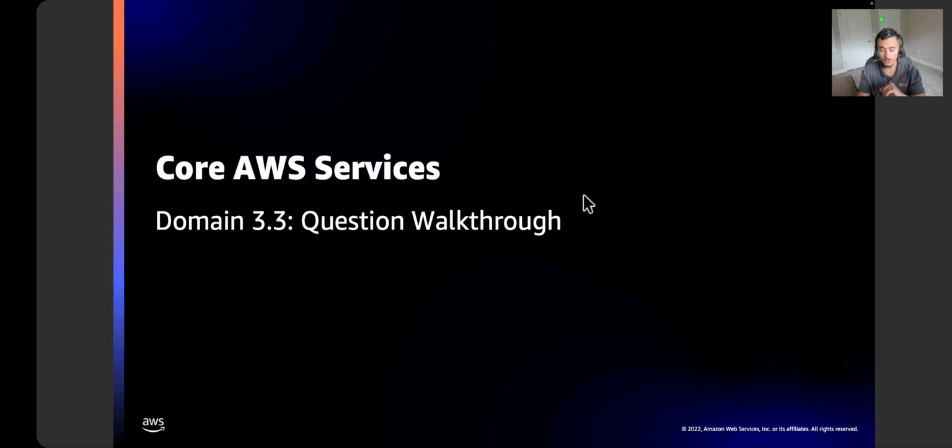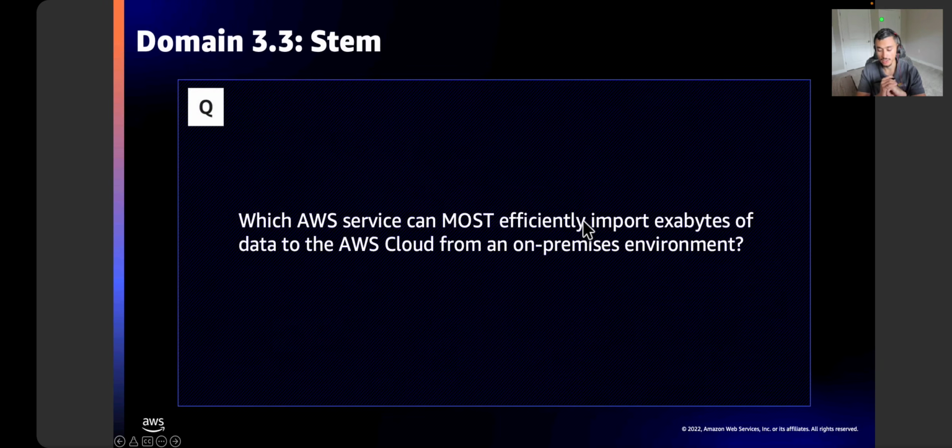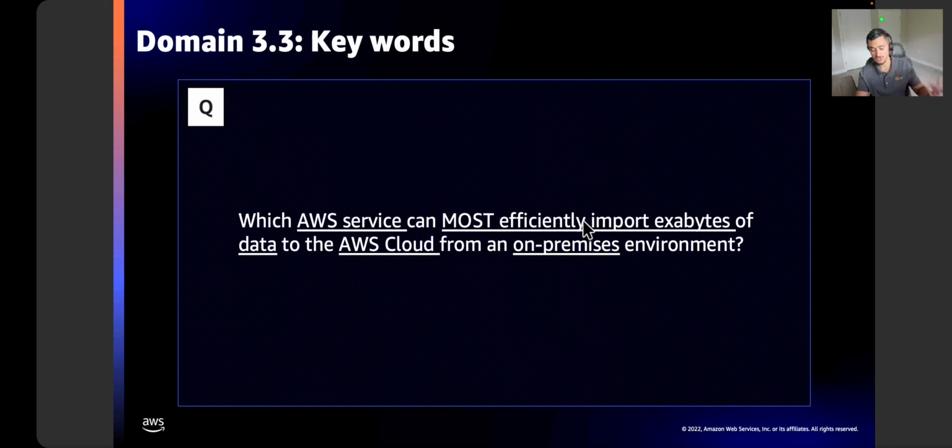Right? So let's go through a question here, which asks, which AWS service can most efficiently import exabytes of data to the AWS cloud from an on-premises environment, right? Reading that stem, we want to pull out the keywords, which state we want a service that can most efficiently import exabytes of data to the cloud from on-premises.